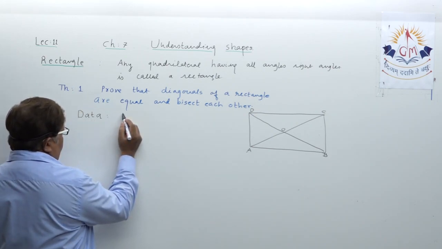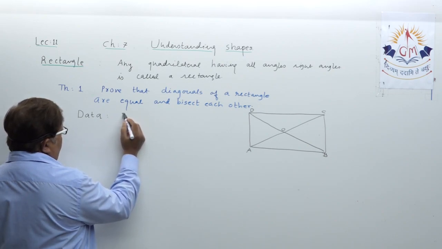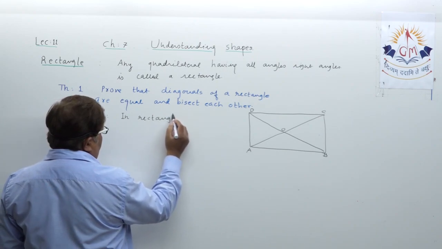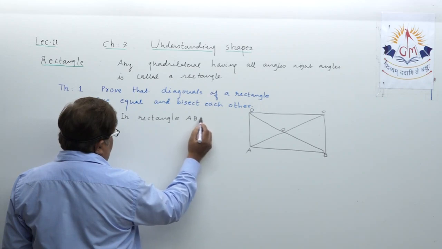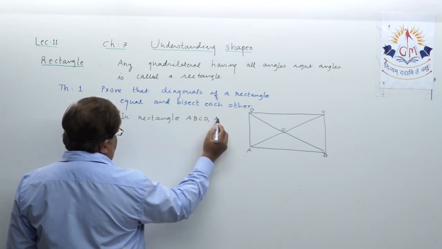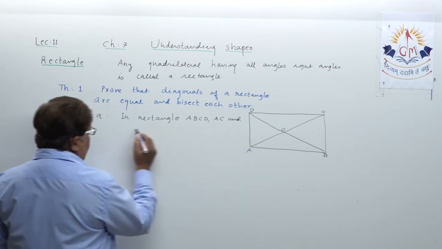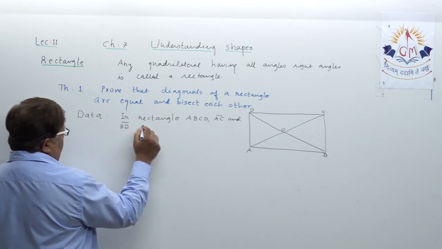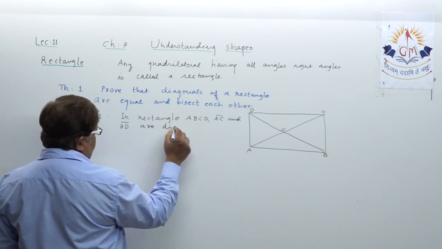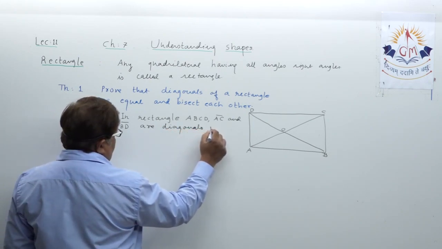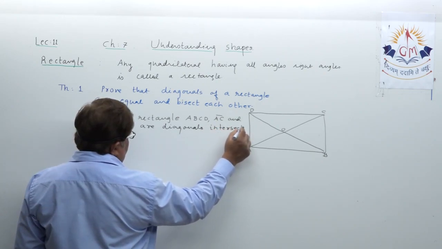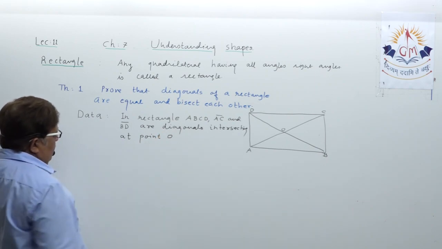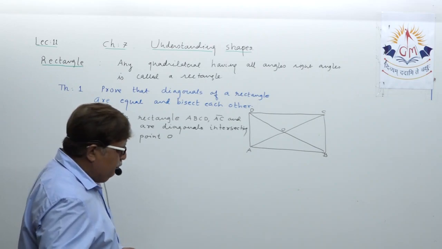In the data you are given in rectangle ABCD, AC and BD are diagonals intersecting at point O. Okay, this is the data in this theorem.